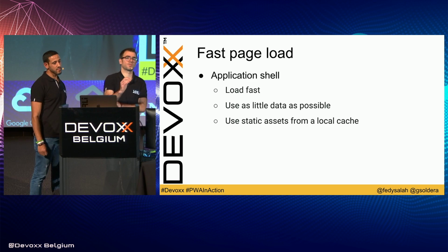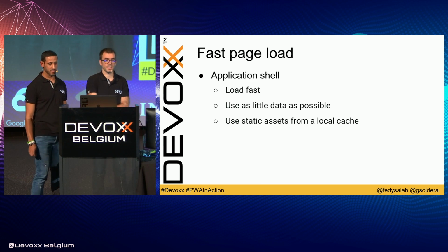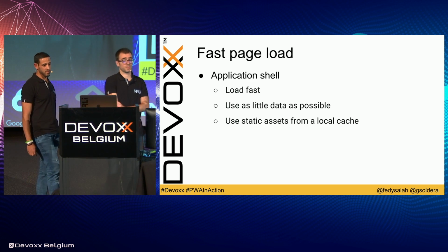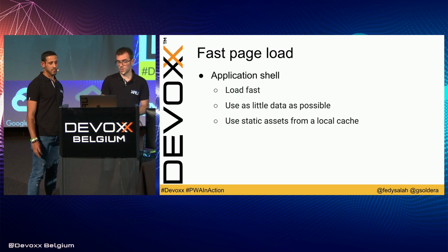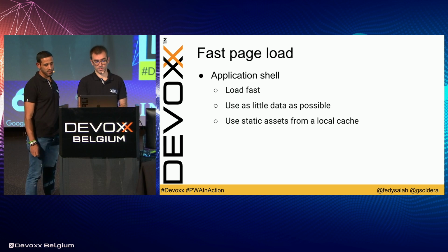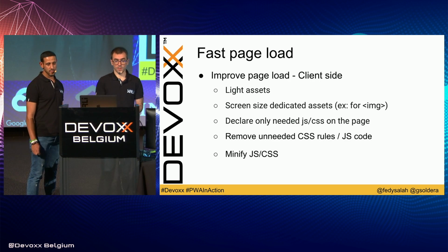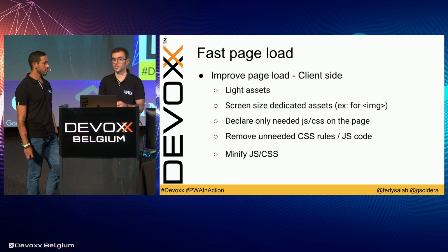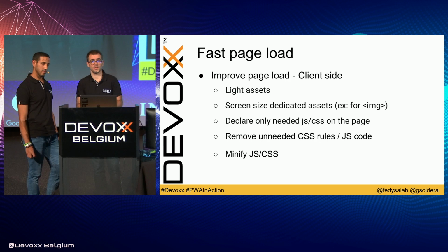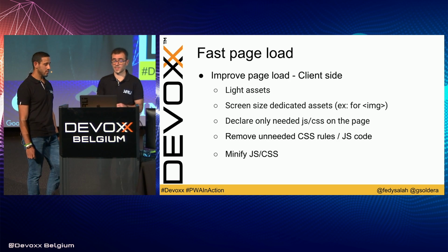Your application must load fast. To do that, use as little data as possible, and use static assets from a local cache to speed up the first load. To improve page load, you have many tips. First, client side, use light assets and especially dedicated assets.